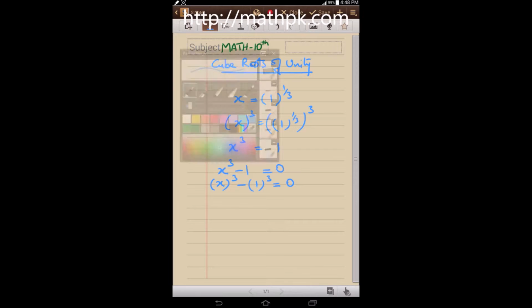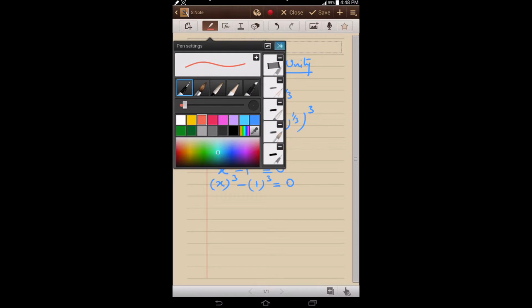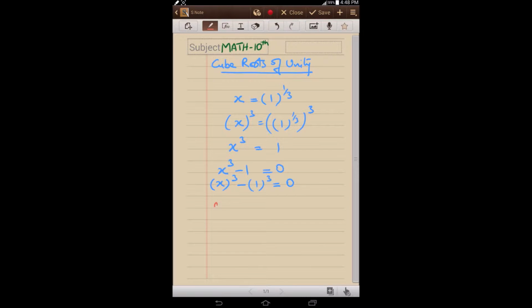Now we know a cube minus b cube is equal to a minus b into a square plus ab plus b square.